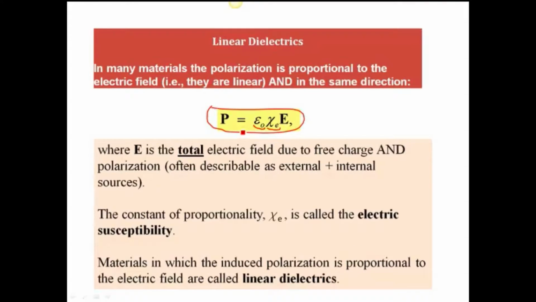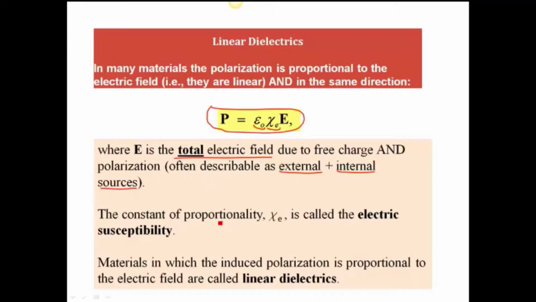Now there's a caveat in this equation: this field here is what we call the total electric field, and it's due to both free charge and polarization. Sometimes we describe it as the sum of the external field and the internal sources creating this combination of field. This complicates things, but we'll try to get a handle on that.